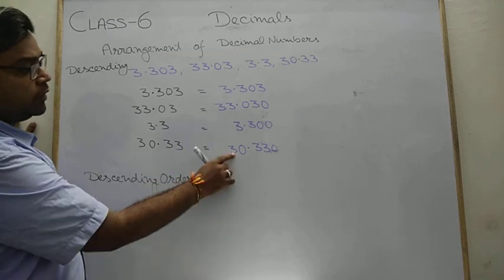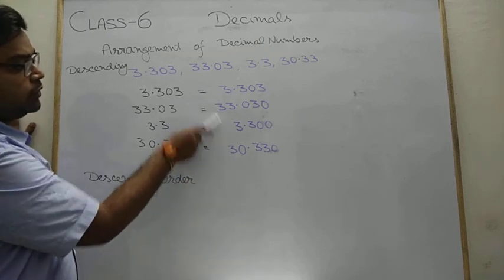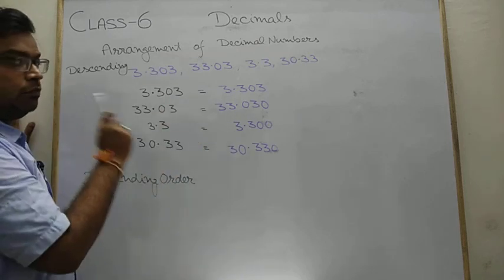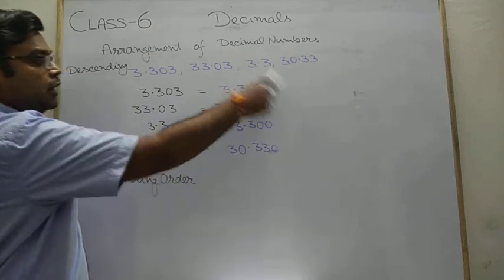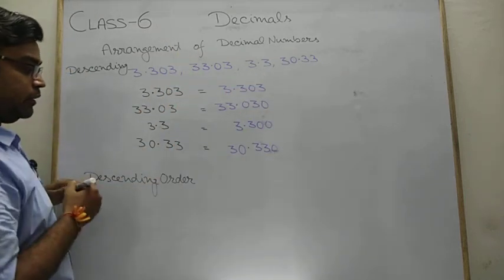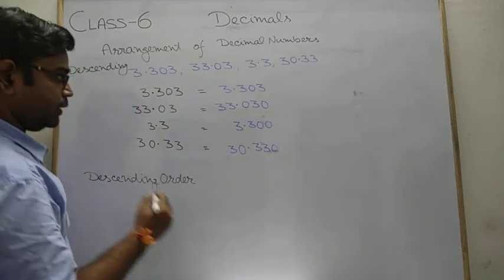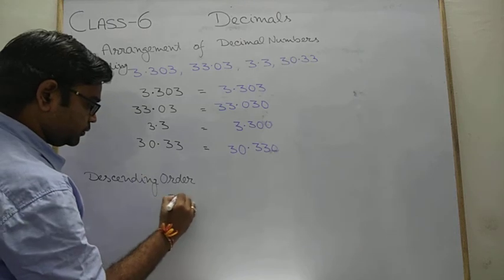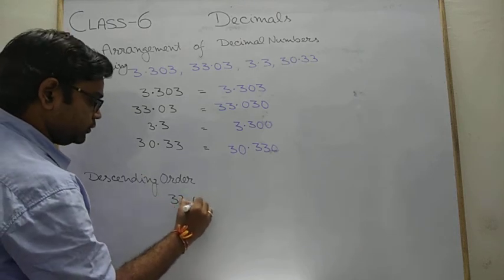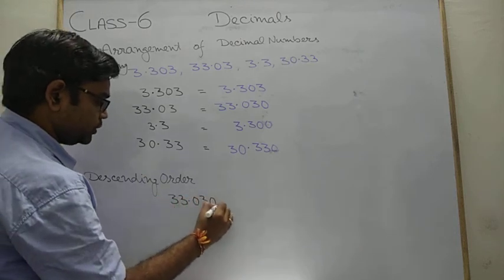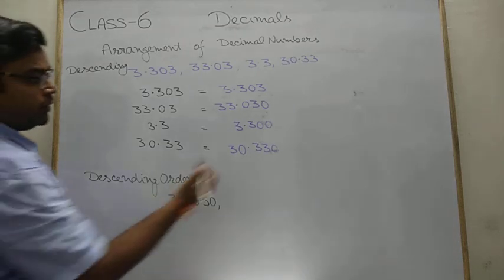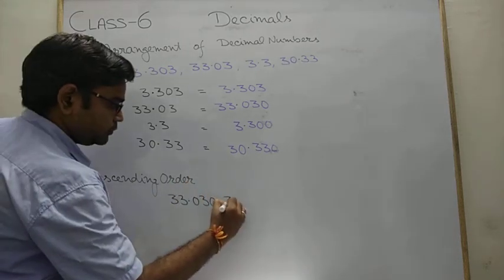Between 30 and 33, which one is greater? 33 is greater, meaning this complete number is the greatest among all given numbers. So write down over here 33.030. This is the greatest one. Then after that, 30 is there.